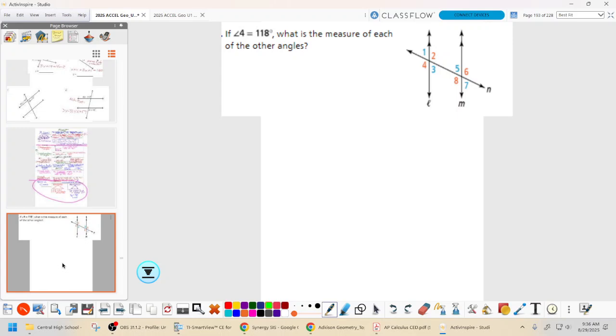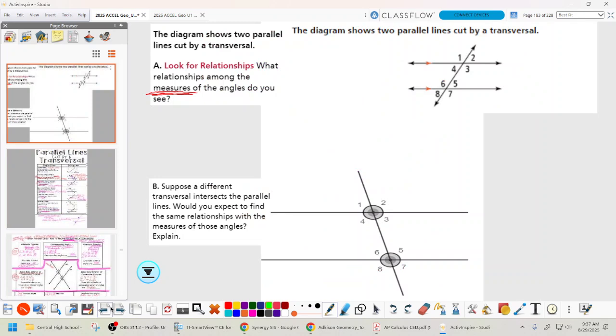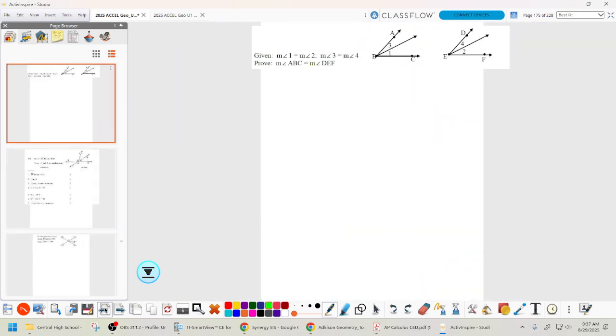Is that what you want more practice with? That and finding the angles. Yeah, I don't really know either. Alright. Think about it and then come tell me, and I'll see if I can find you something.